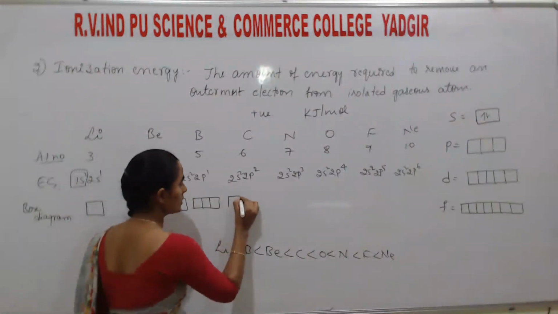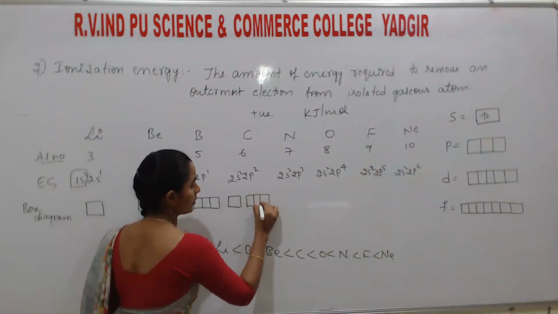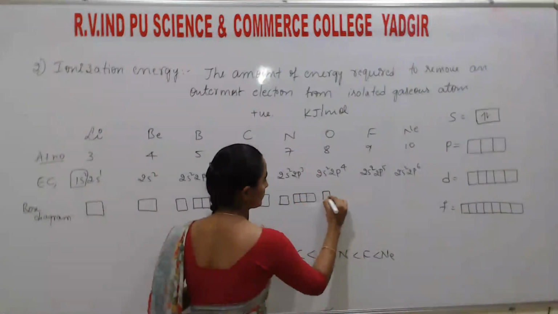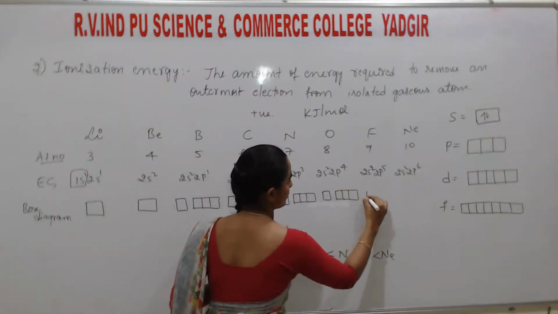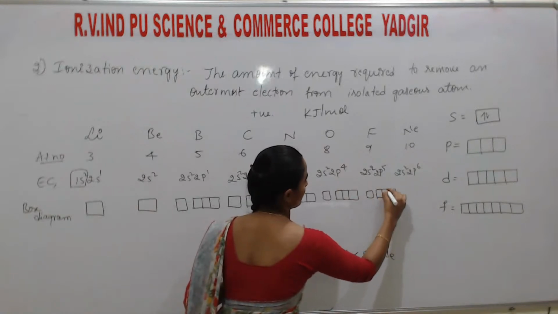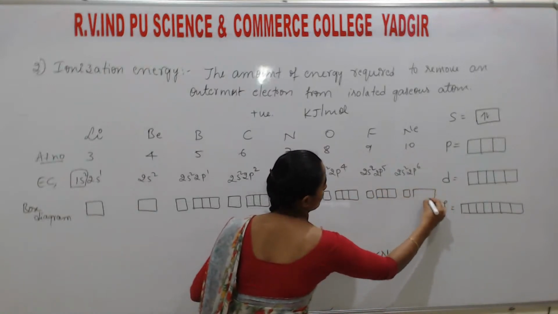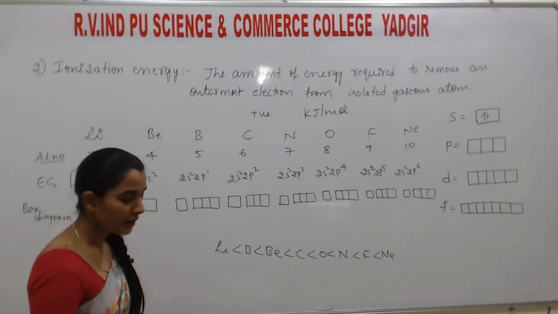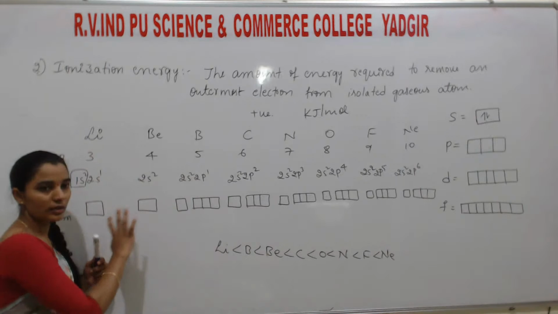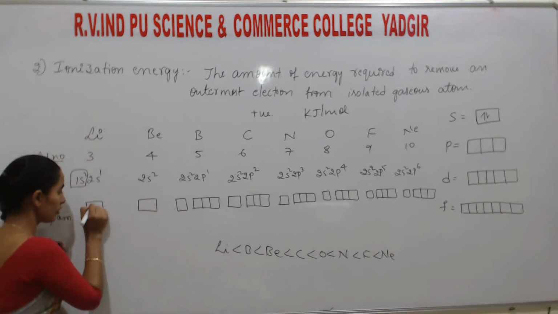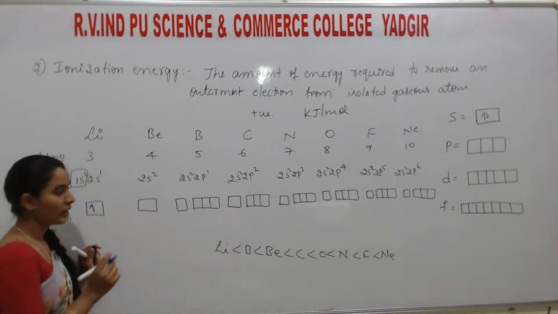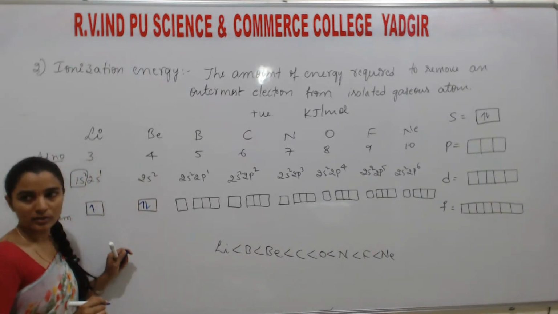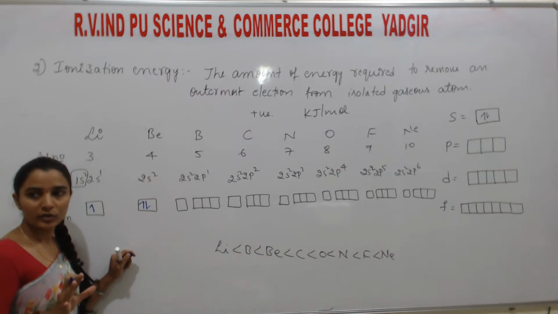Here also sp means 4 boxes. Understand, students? Now try to arrange our electrons in these boxes. Initially only one electron means it is in this box. Here 2 electrons means one is in this direction, another one is in the opposite direction. This is the way filling of electrons takes place.